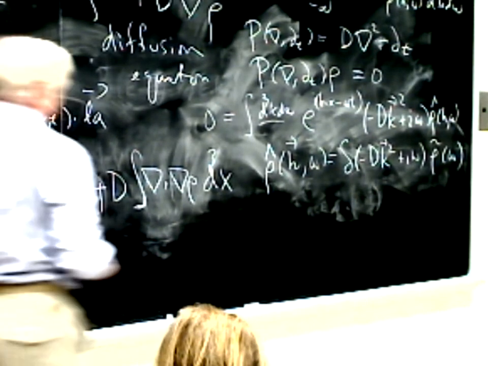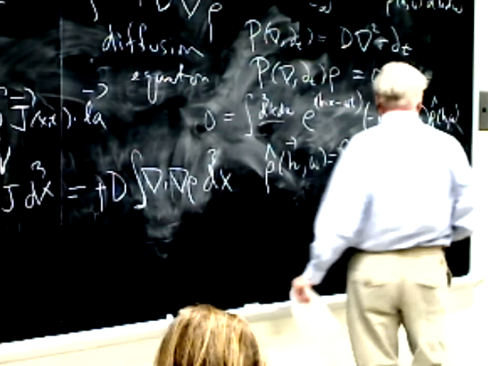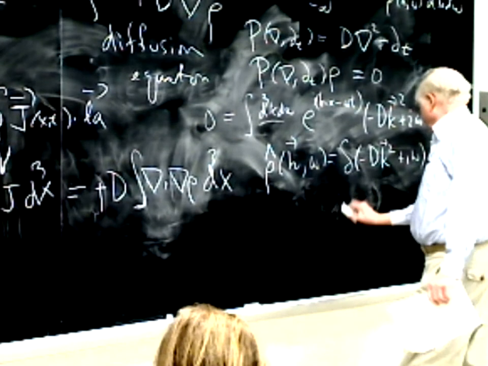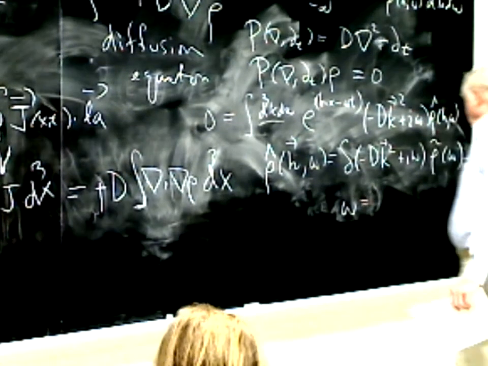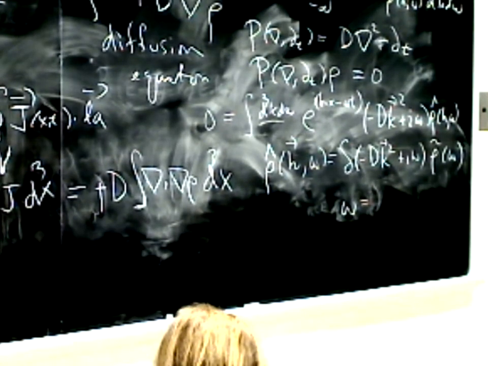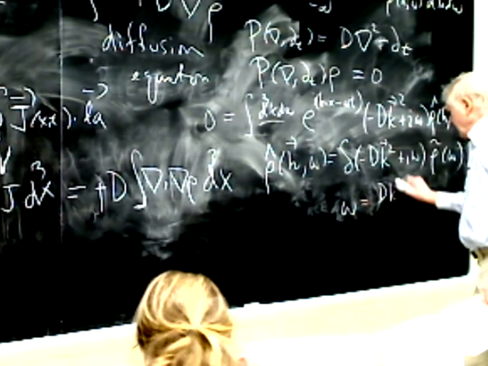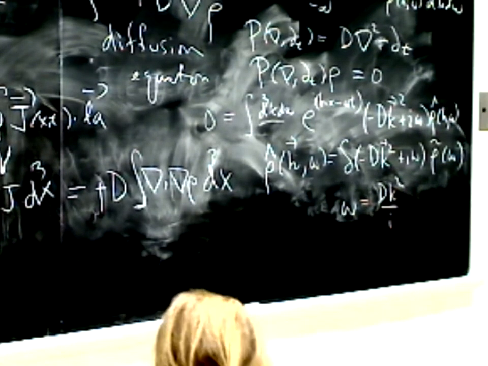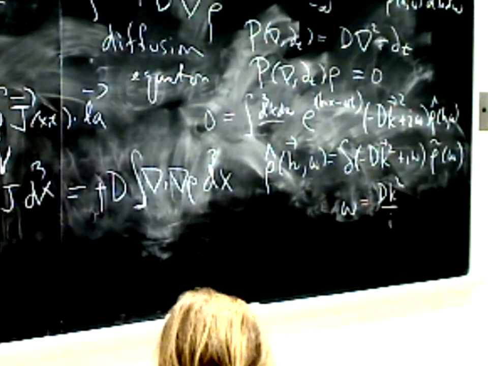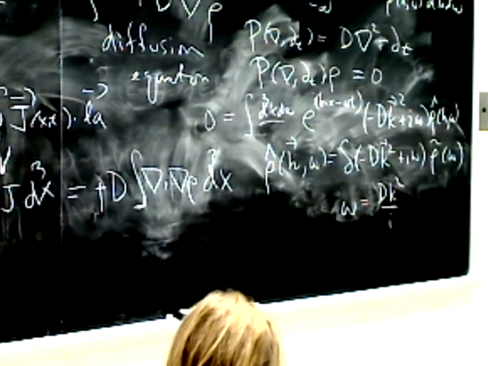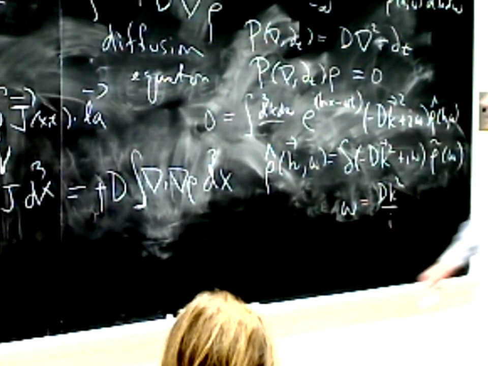But now what is omega t? Omega is equal to d k squared over i is what this is telling us, right? Suppose i omega is d k squared, then bingo, that's 0. Okay.